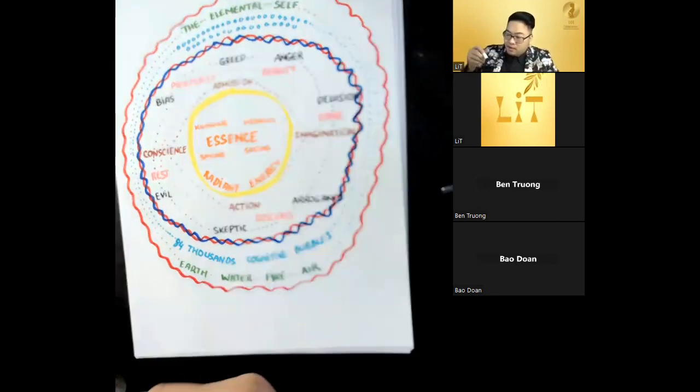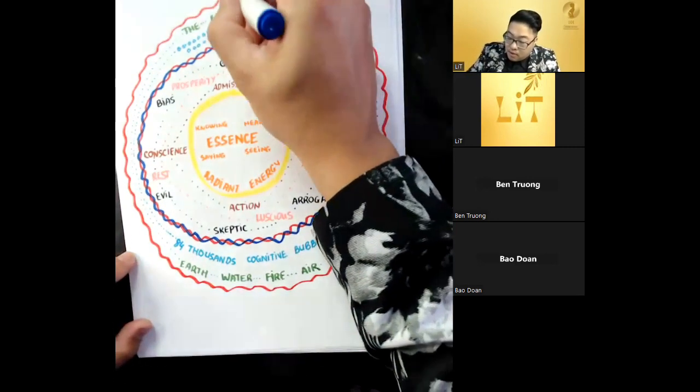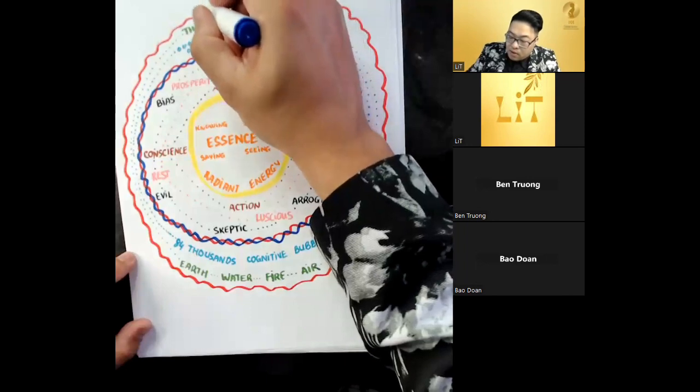And again, surrounding it with the negative.